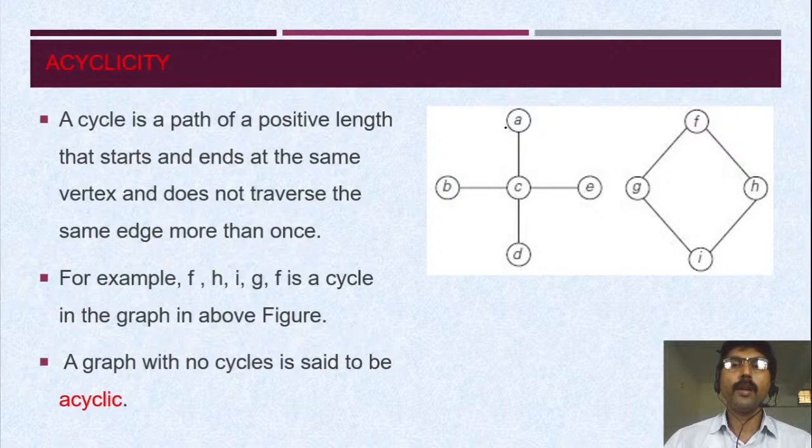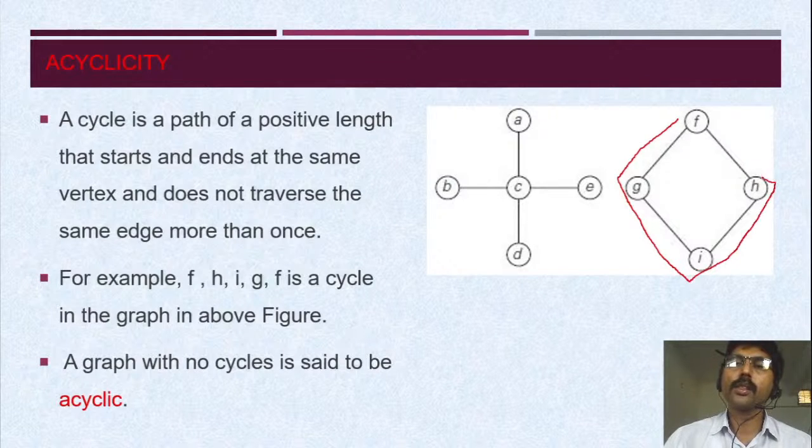For example, see here, if we are considering this one as one path, here F, G, I, H, F, or in reverse order F, H, I, G, F. Now this path will create a cycle.